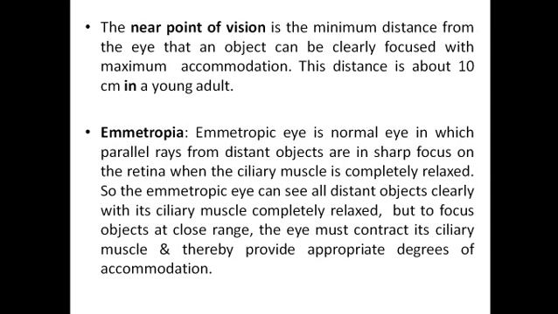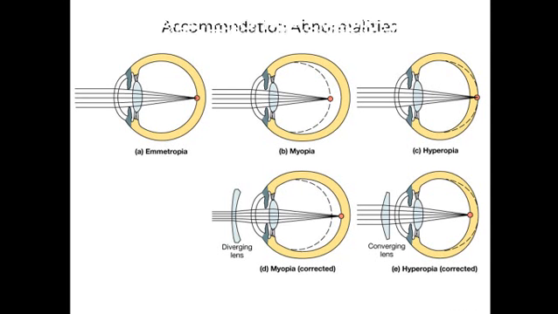But for close range, the reverse happens: the ciliary muscle contracts and the lens becomes more widened, which provides the appropriate degree of accommodation. The goal in both cases is that the image falls exactly on the retina, because if it does not, it will result in an abnormality.